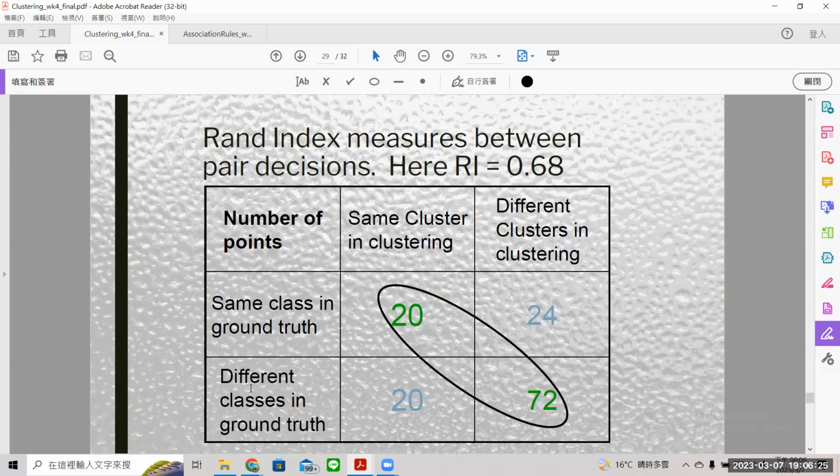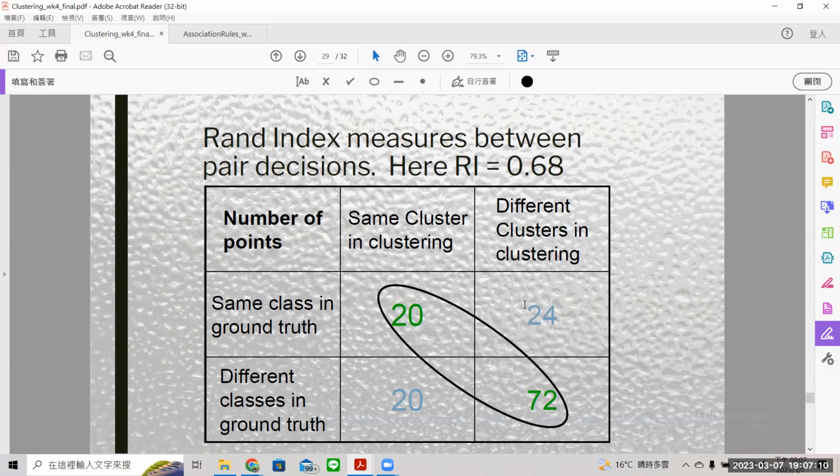And for different classes that really are in different clusters, it is in this one. So these two values divided by the sum of the four values, we call this accuracy, because you get it right in the same case in the ground truth, and also in the different case. So you take the sum of these two values divided by the sum of all values, and we call this accuracy.